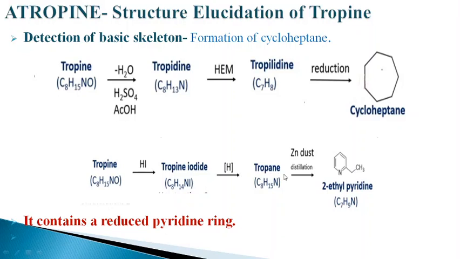On further reduction, it forms tropane with the formula C8H15N, which on zinc dust distillation gave a compound of known structure, 2-ethylpyridine. This 2-ethylpyridine gives an important conclusion: the reduced pyridine ring, or piperidine ring, is present in the basic skeleton of tropine.